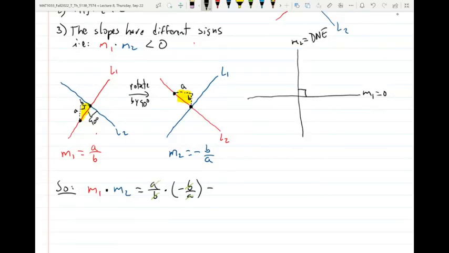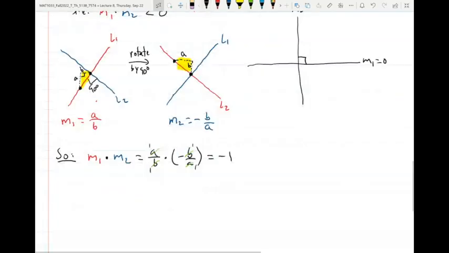So what do we get? Negative 1. When you cancel, you have 1 left on each, so you get negative 1. Moral of the story: really, all you have to remember is this last part. If you have a particular line, when you multiply the slopes, you get negative 1. So that's, I guess, conclusion number 4.